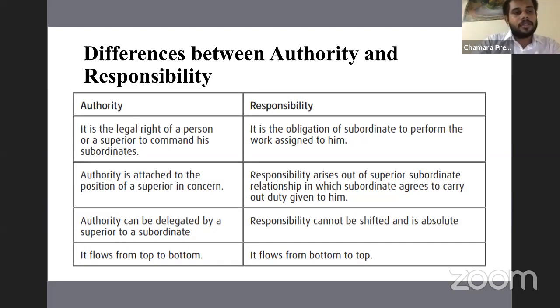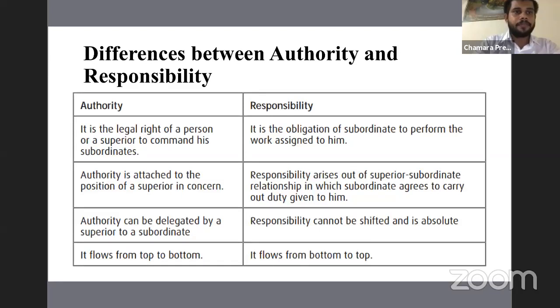Sometimes you pass it through different stages, different levels. When they make decisions from the top level, they translate them down likewise. So usually the authority flows from top to bottom. Okay, and that's what happens.